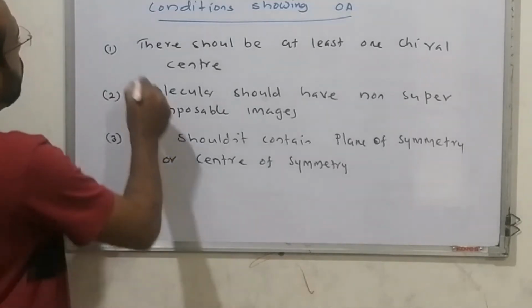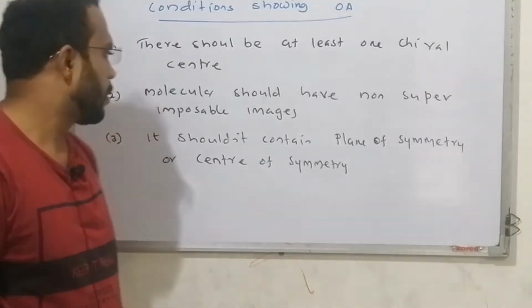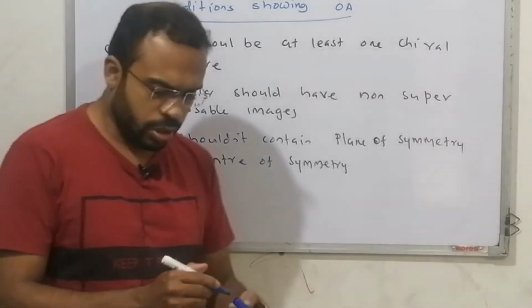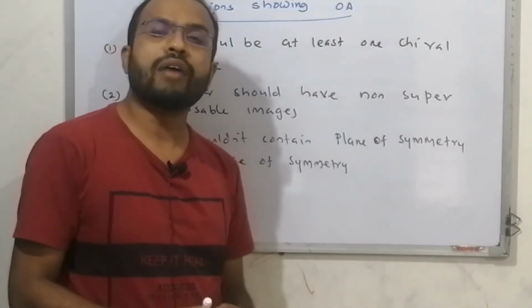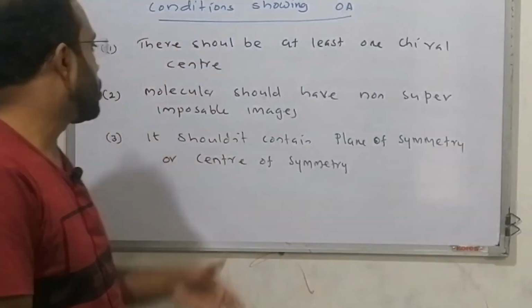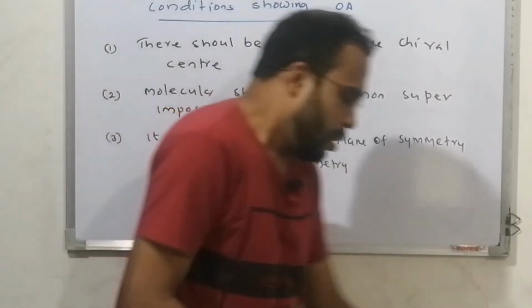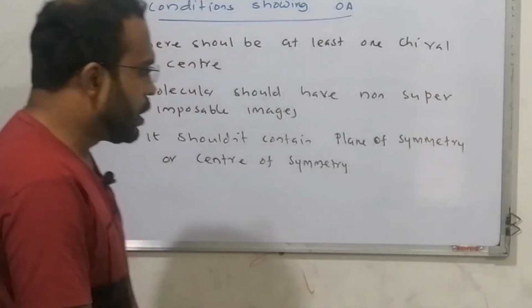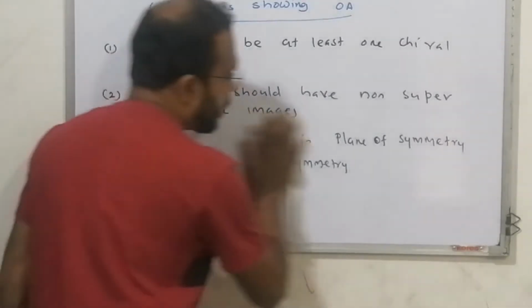This is the primary condition. There should be at least one chiral center. So there are certain molecules which are optically active even if they have no chiral center, because they satisfy these two conditions. Now let us discuss what a chiral center is.